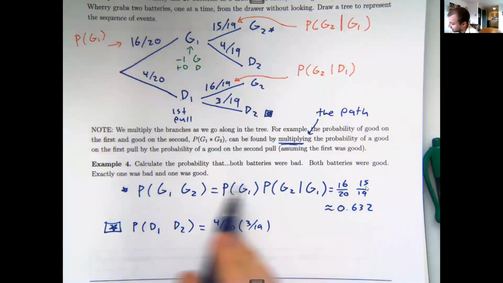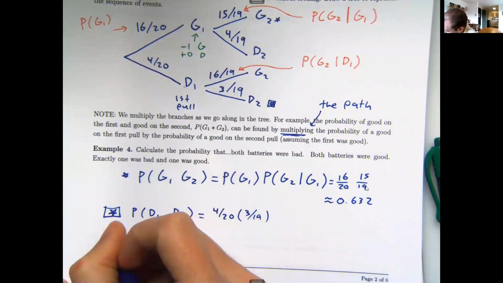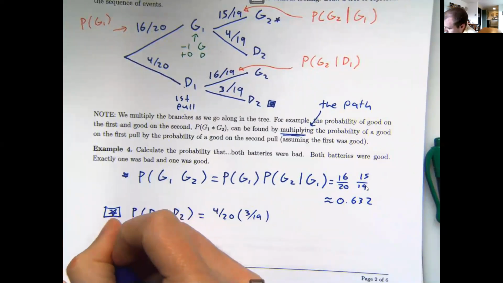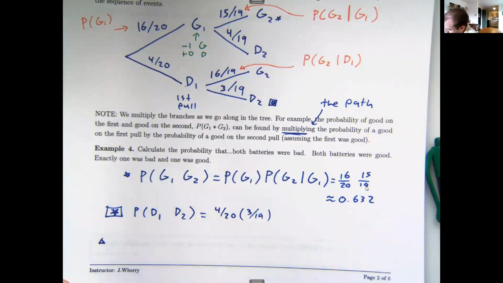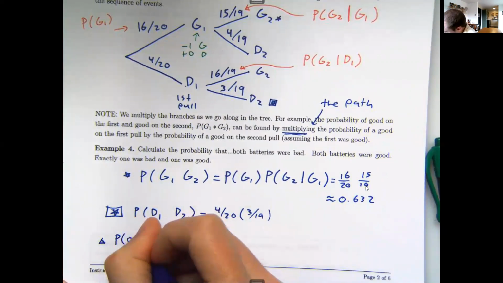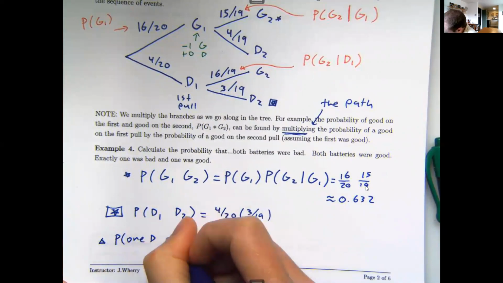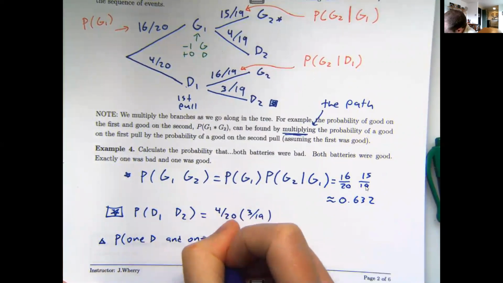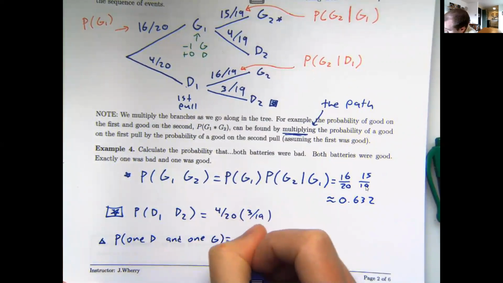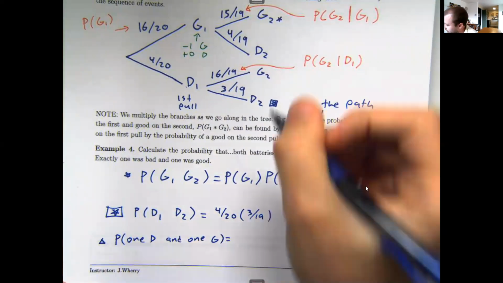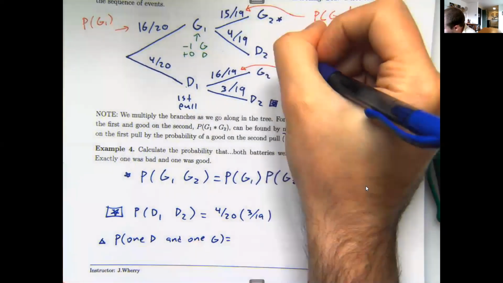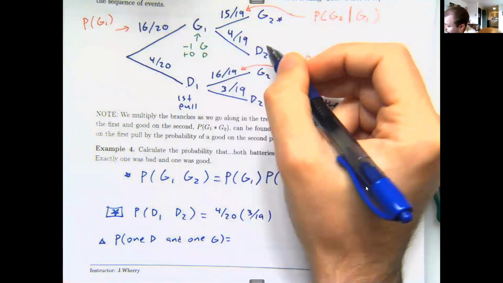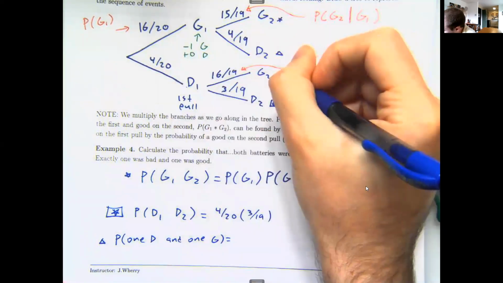And finally, it says 1 good and 1 bad. I'm going to do this with a triangle symbol. So 1 dead and 1 good. The problem with this is it happens in 2 different spots in my tree. Good and dead, or dead and good.